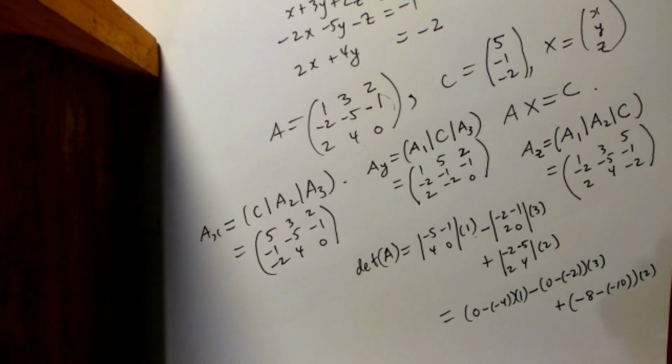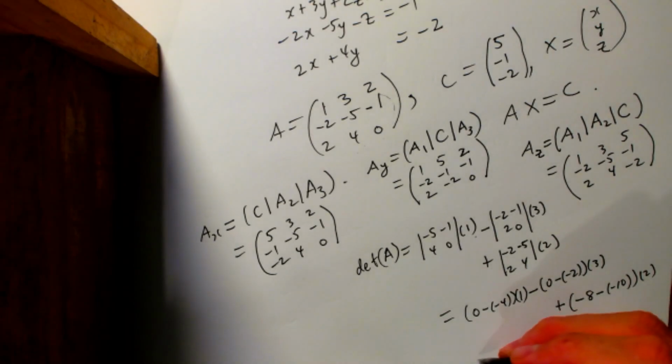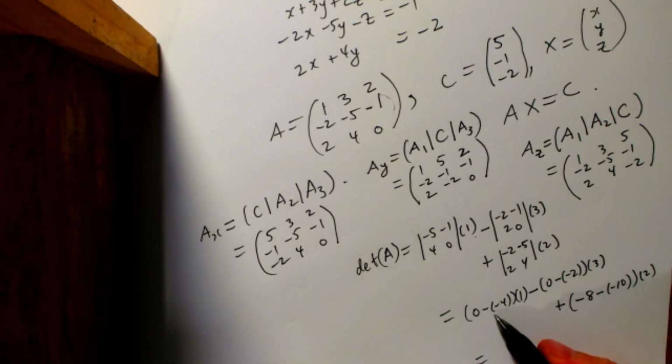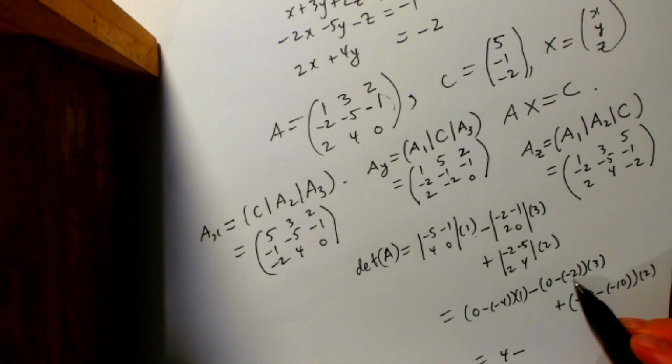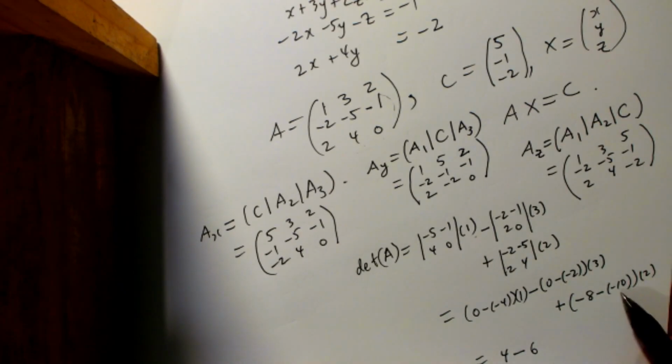Then we simplify this arithmetic. So here we've got 4 times 1 is 4, then minus, now that's plus 2 in there, so plus 2 times 3 is 6, so minus 6. Here we have minus 8 plus 10 is 2, so 2 times 2 is 4. So that is 8 minus 6 is 2. So det A is 2.